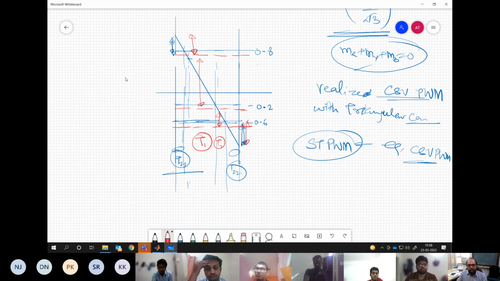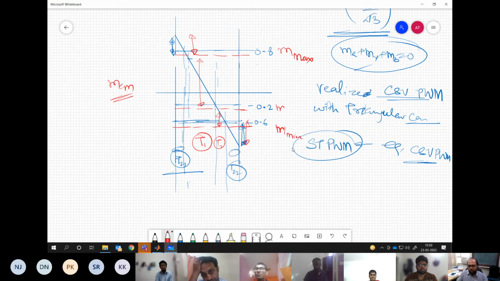Correct? Say we have added some common mode, and let us say this is MR, MY, MB. In general we have also seen that there is always one phase which has the maximum value. In each sector, one will have the minimum value and one will be in the middle.